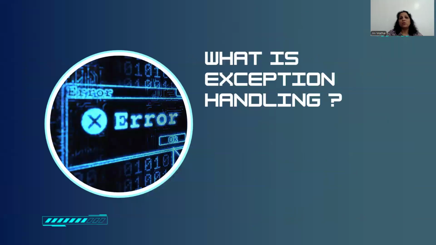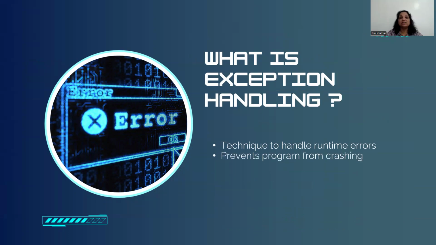So then what is exception handling? Now, when we get these errors, what normally happens? Our system crashes, right? Our system stops working wherever that error is. So what is exception handling? Techniques to handle these runtime errors so that the system doesn't crash.